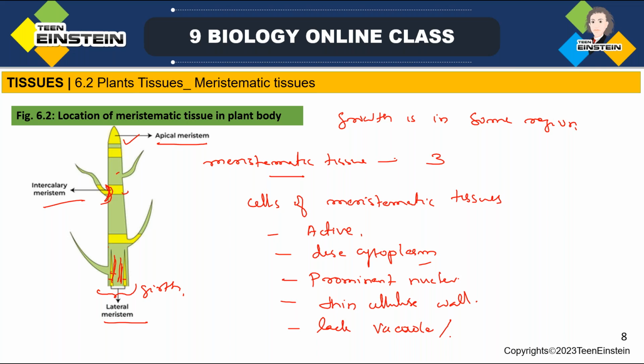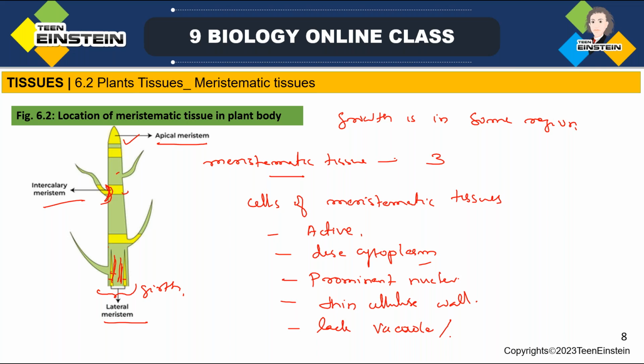So the cell should be in an active stage, continuously dividing, and that requires more energy, so the cell should work, right? So there is no need of storage, as it is getting synthesized there. Continuously energy is getting synthesized there, so no need of storage, so they lack vacuole.